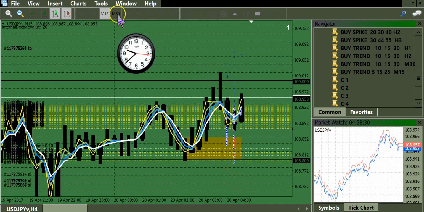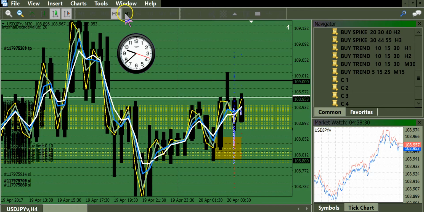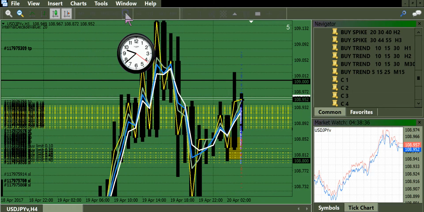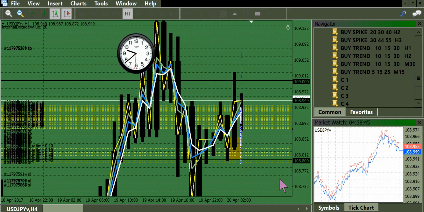Now, how big are we long for the ride? Half hour robot just went long. The 1 hour's been long. And it was when it plunged below the Alexander Elder 13 EMA. Using his concept, every time the market dips below the river, you're below the cloud, you're buying like crazy.